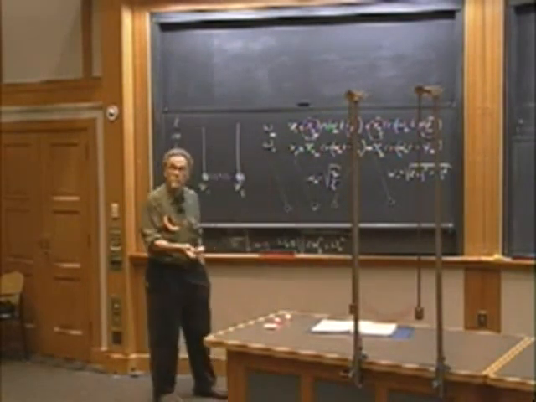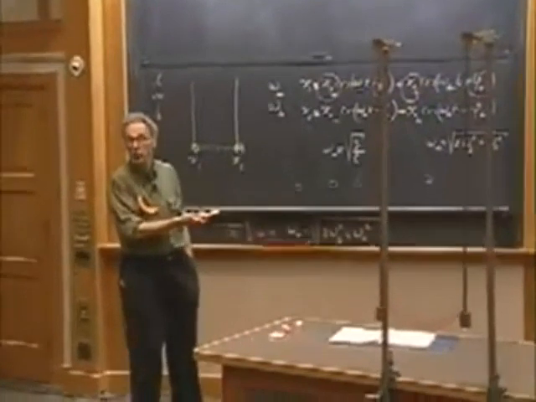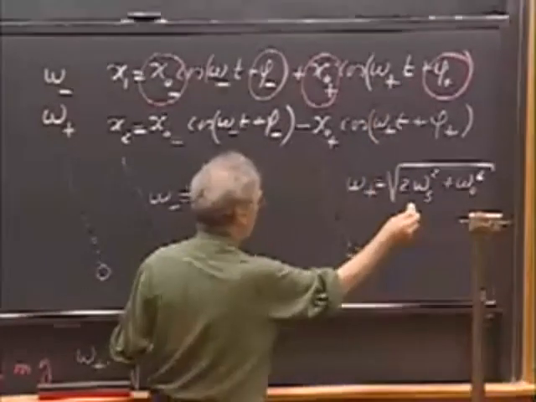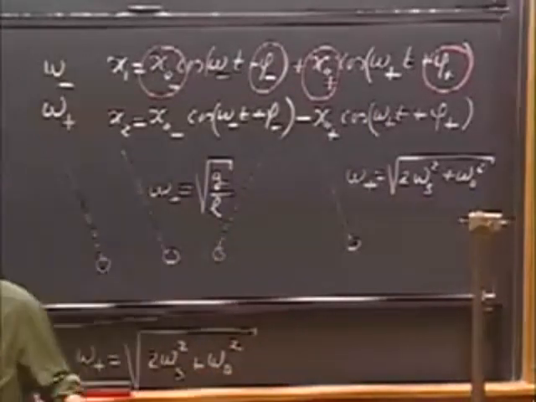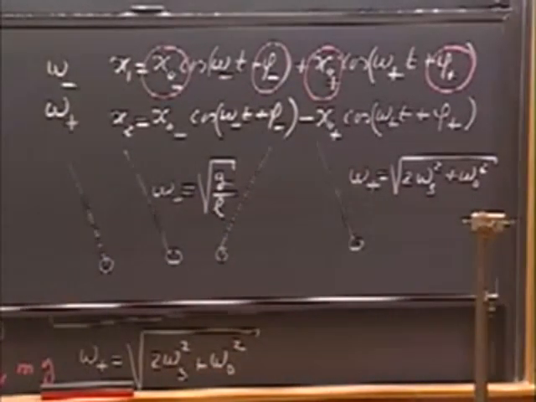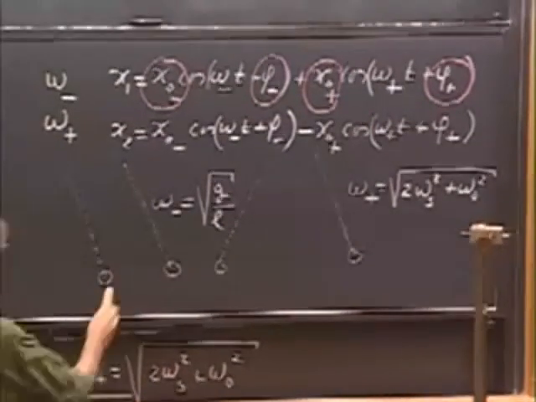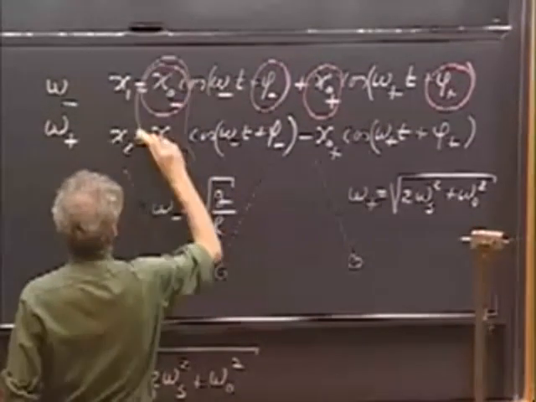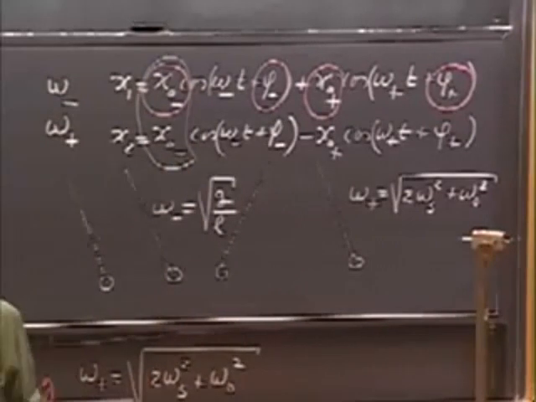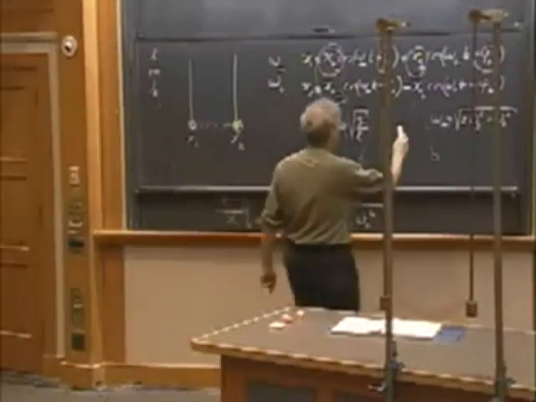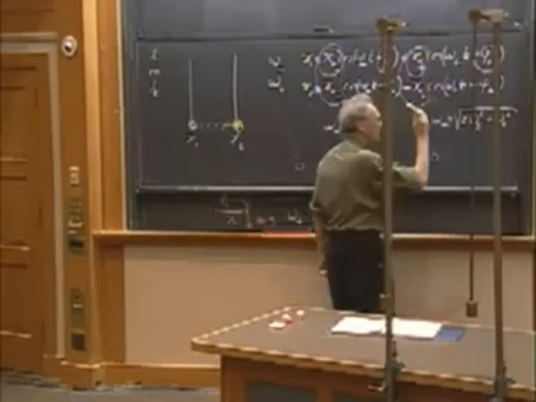That was the square root of g over L. I never put in any initial condition. Independent of the initial condition is omega plus. That's this one. I never put in any initial conditions. Independent of the initial conditions is this ratio, which is plus 1. And independent of the initial conditions is this ratio, that is minus 1.